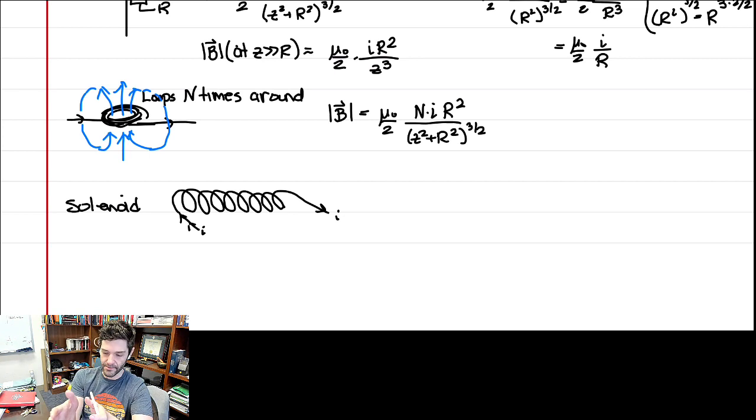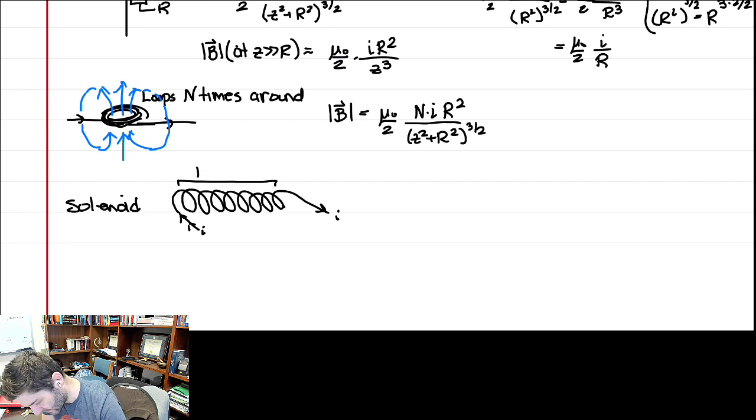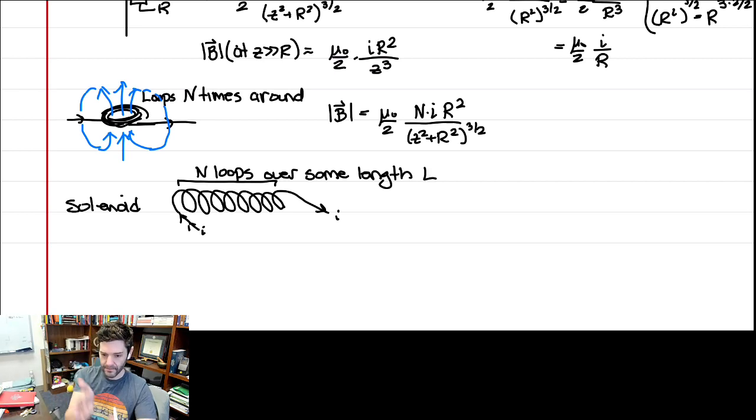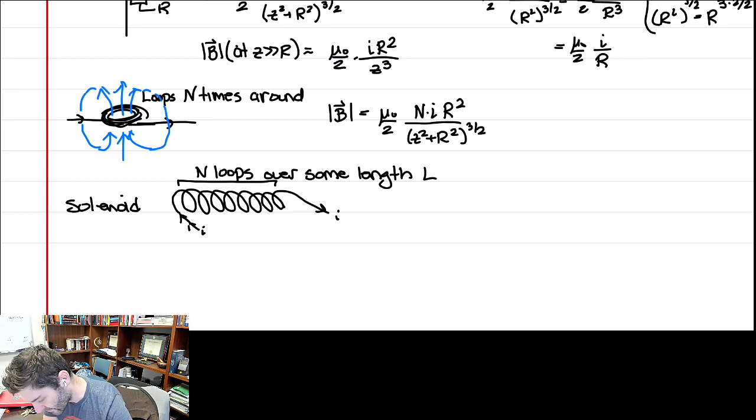Usually they are way more tightly spaced, essentially right next to one another rather than having these big gaps between them. But there's some sort of n loops over some length L. The wire loops around n times, and notice that the direction of the current is always going in the same direction.